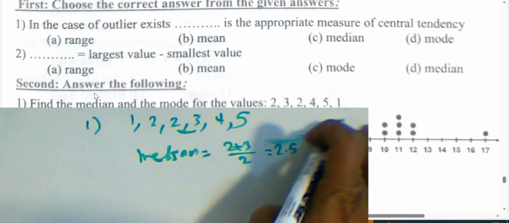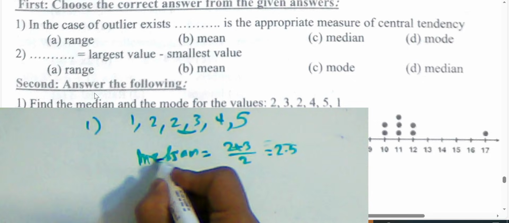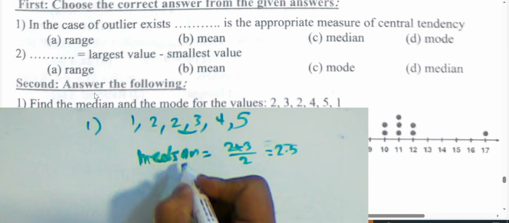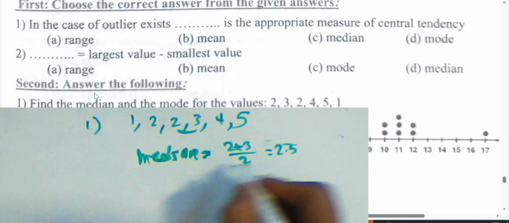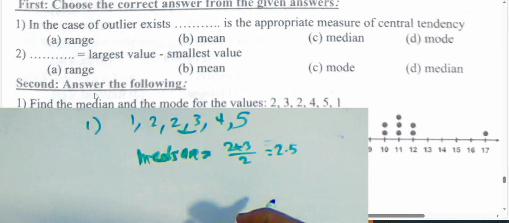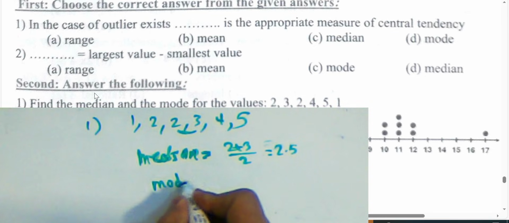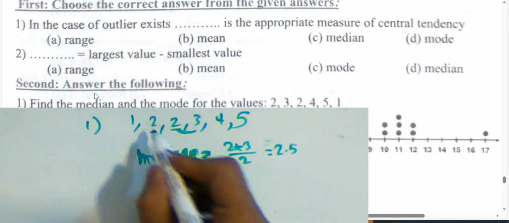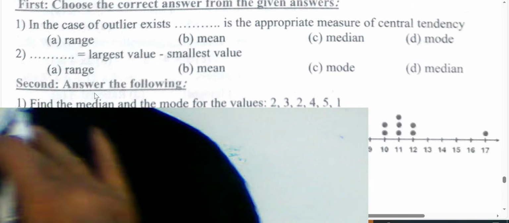The result will be 2.5. This is the median. The median will be 2.5. And the mode here, the most repeating was 2. This is the mode. Okay.